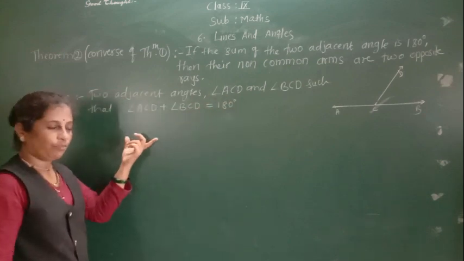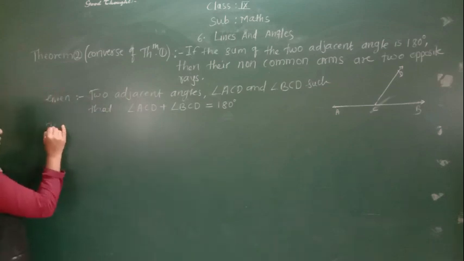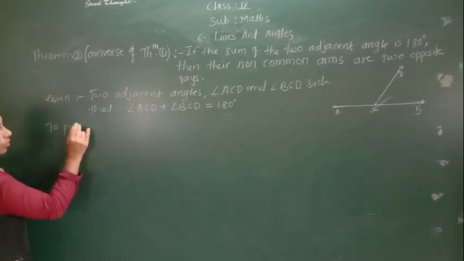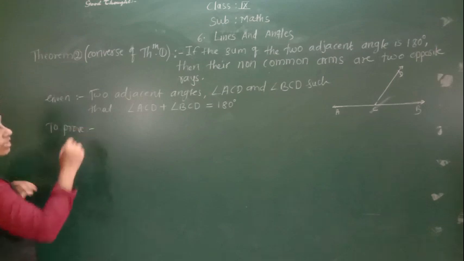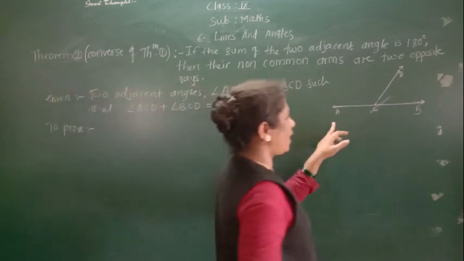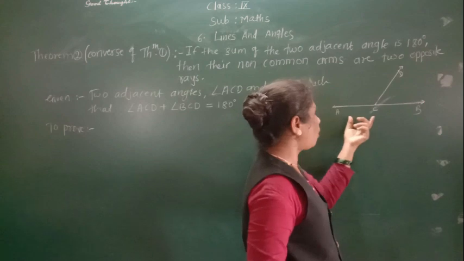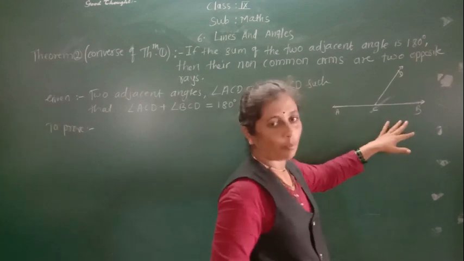It is given for us. And then what do we have to prove? To prove: which are the two non-common arms? CA and CB, right? So the two non-common arms CA and CB are two opposite rays.